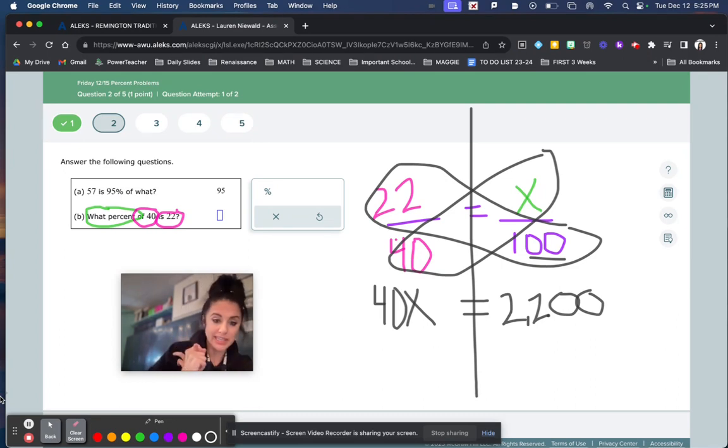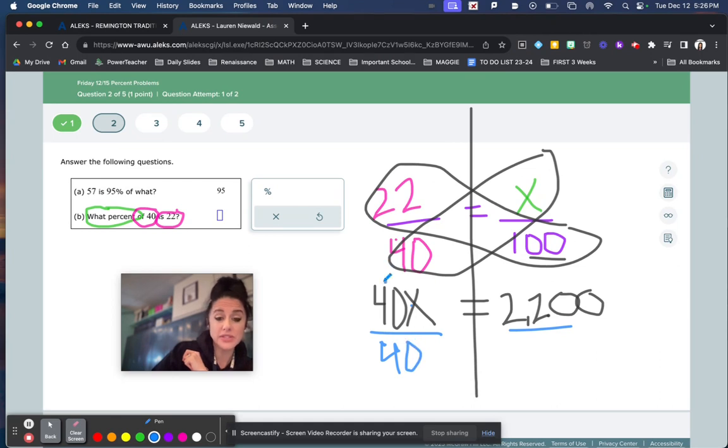I cross multiplied, and now I only have one step left, and that is to isolate my variable. So I have to do the opposite operation. Right now I'm multiplying by 40, so I need to do the opposite of multiplying, which is dividing. So I'm going to divide by 40.